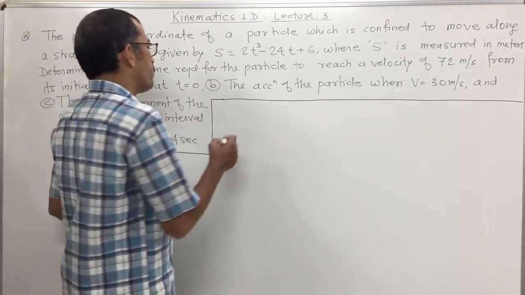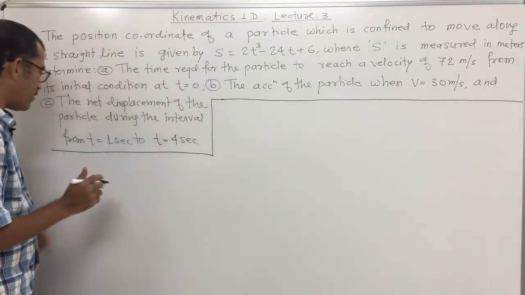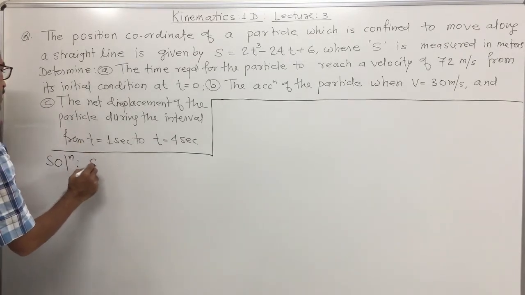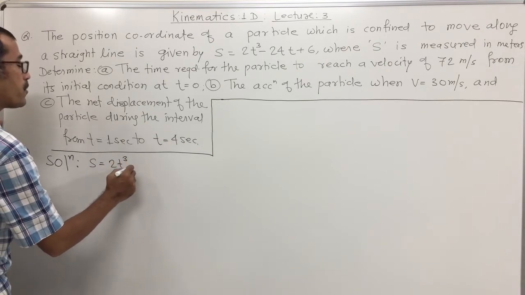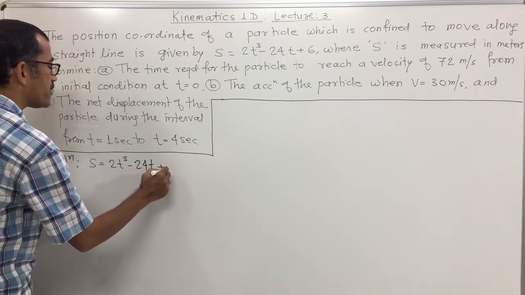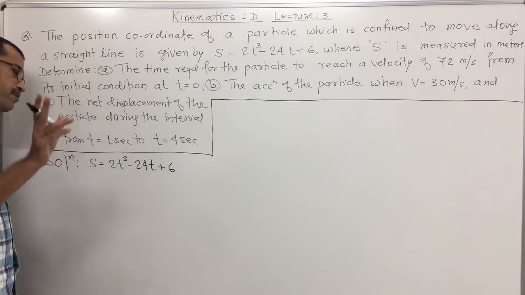Now, first our equation is what? I will start from this one. S = 2t³ − 24t + 6. This is our equation of s. What is required? The equation of velocity and the equation of acceleration.